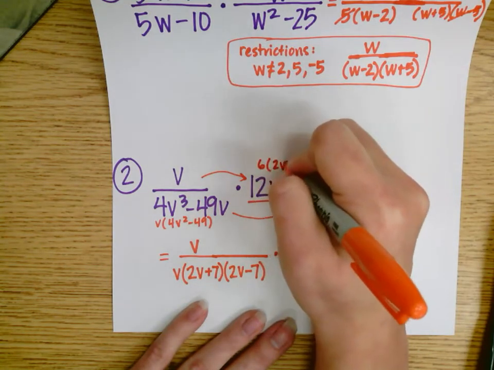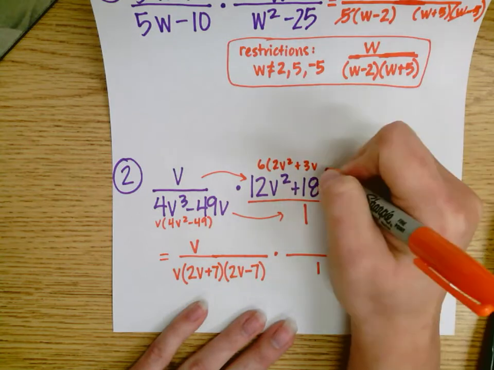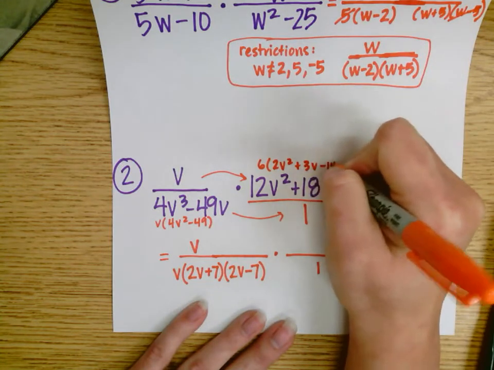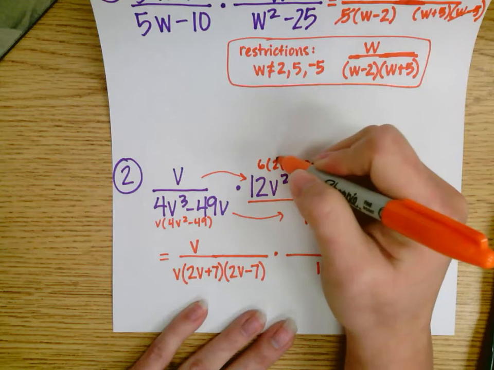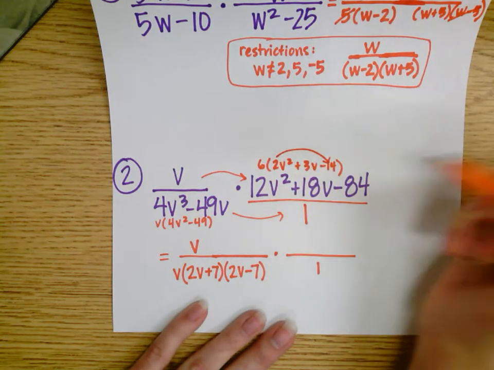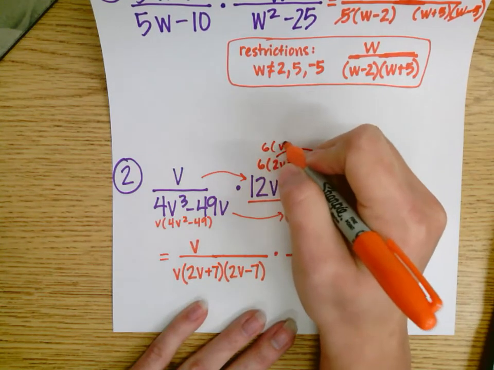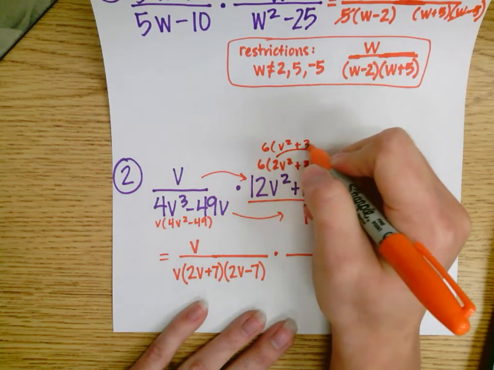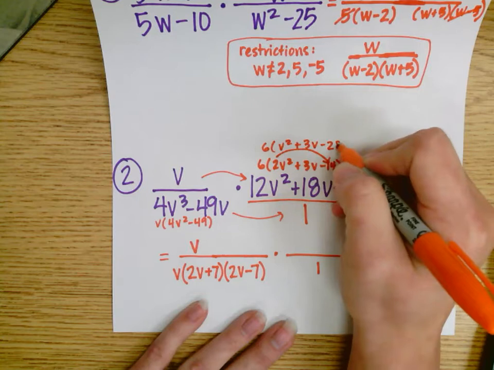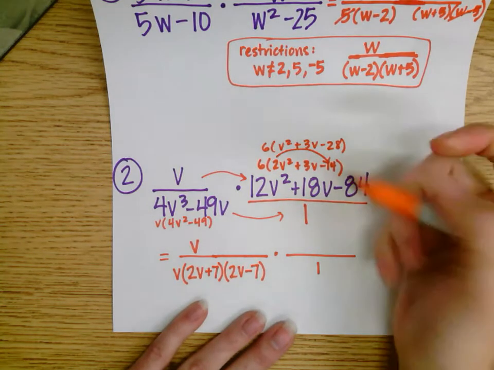2v squared minus 14. If you want to do slide and divide, you can, but I would rather not. I'm going to have to do it with these smaller numbers because there's no other choice, but I wouldn't try to slide the 12. Alright, so this is 6v squared plus 3v minus 28. Two numbers multiply to give me negative 28 and add to give me 3.